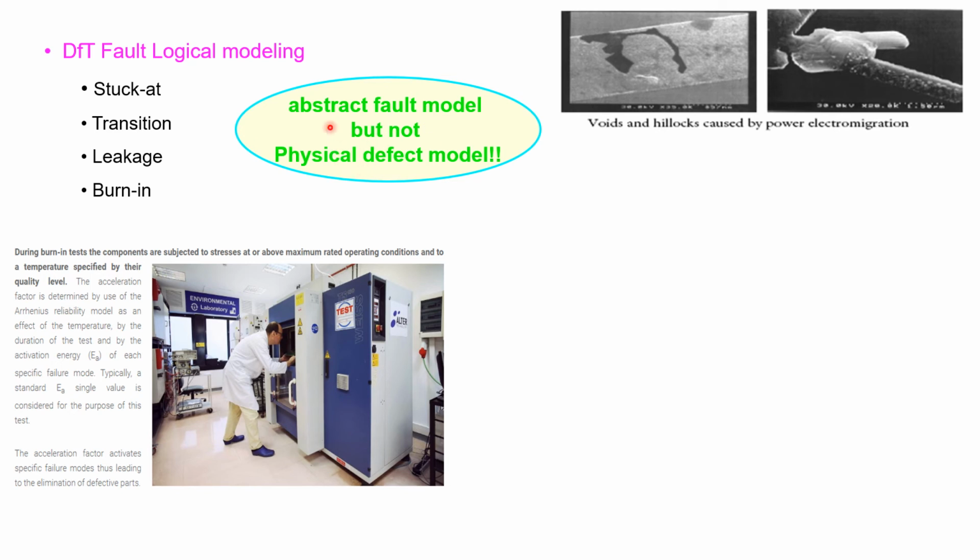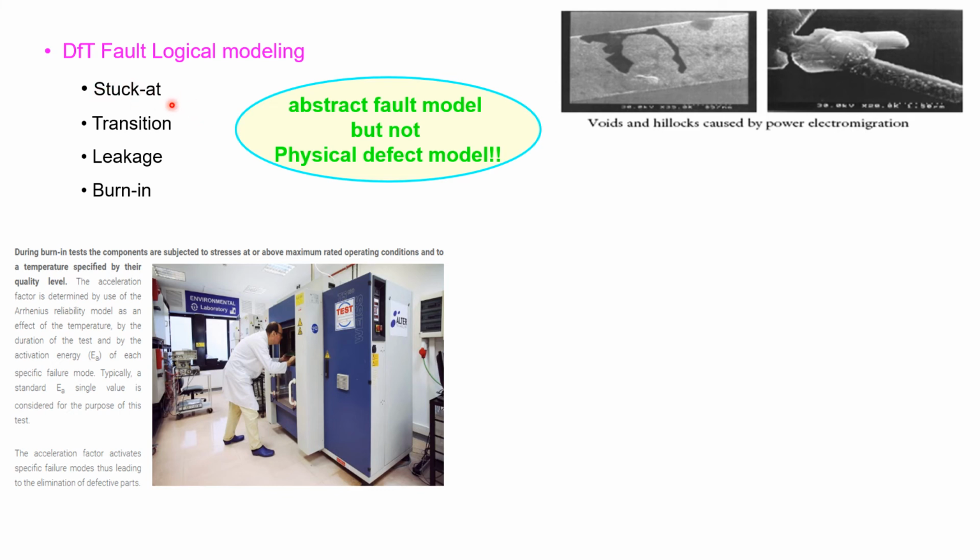So to figure out where the problems are occurring, we will use the fault logic method, wherein we will abstract out this EM problem. EM is a physical defect, and we will abstract it out into a fault model and then come up with different ways of addressing and detecting the fault.